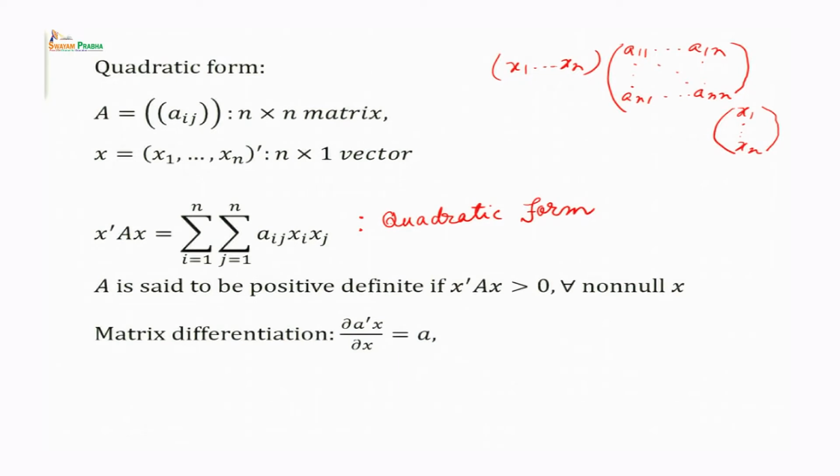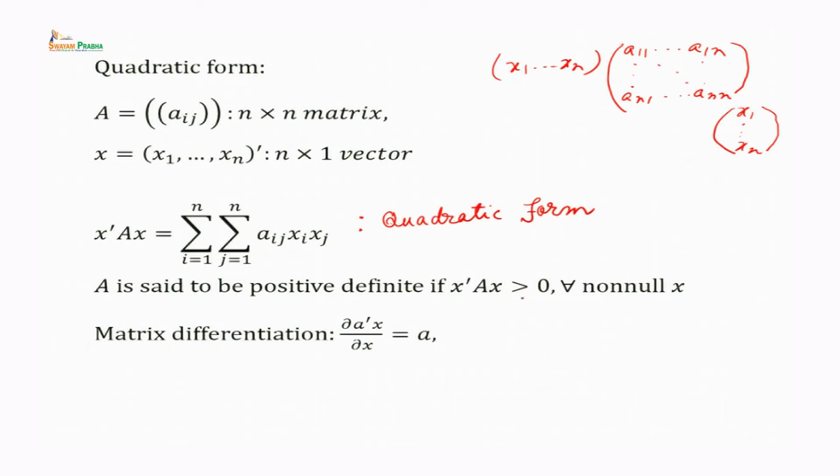Then we say that matrix A is positive definite if X transpose A x is greater than 0 for all non-null x. This is equal to 0 only when x is equal to 0.